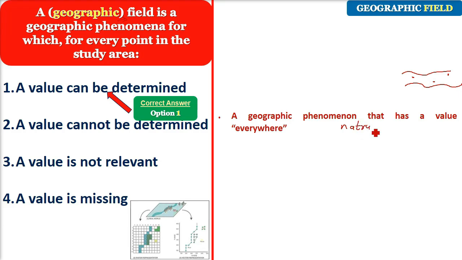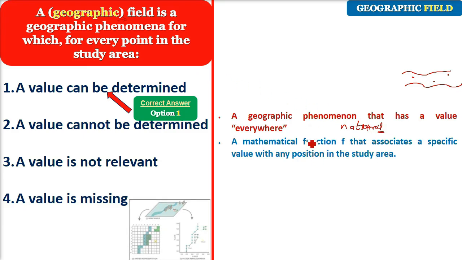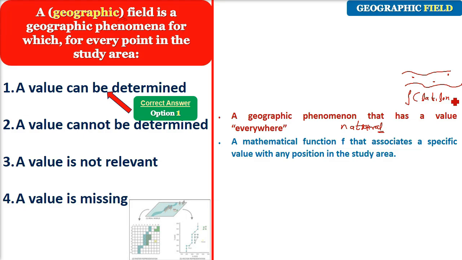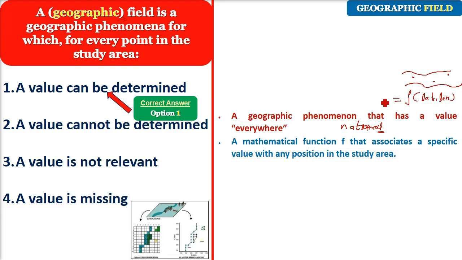One important thing is that these are defined for natural phenomena. Things which are happening naturally, taking place naturally. So assume it as a function f. For example, if you pass a latitude and longitude value, you will always have a certain value which you want.